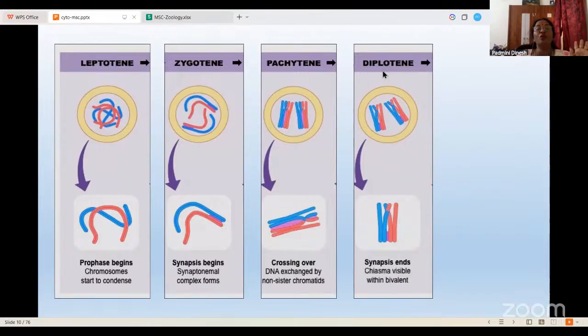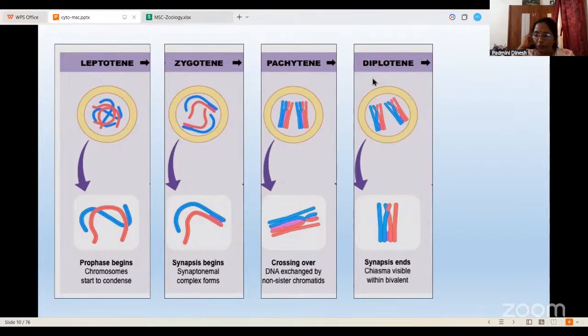Now, I will give you one example of how to remember these stages, because sometimes when you're writing the exam, you will have tension and a doubt whether pachytene comes first or diplotene comes second, or zygotene comes first. There is a lot of confusion that can occur.